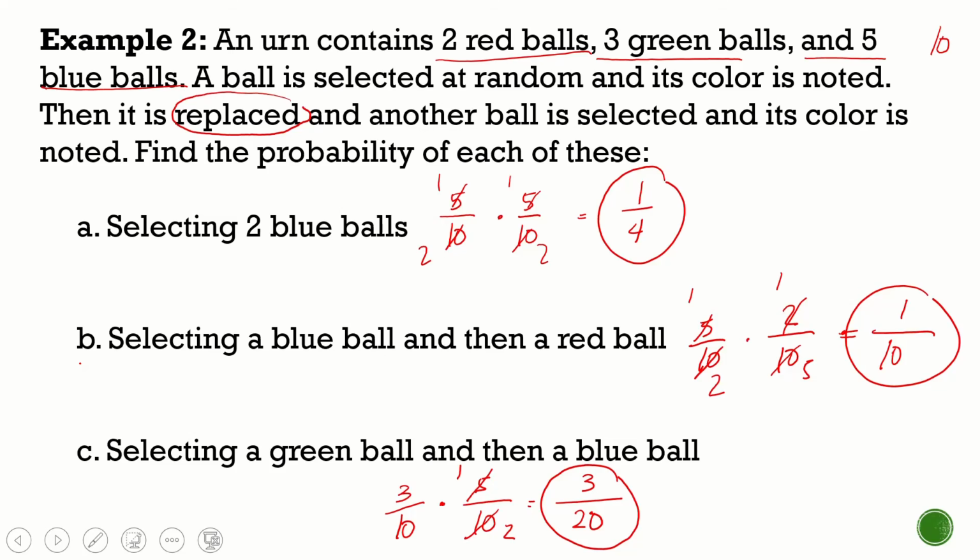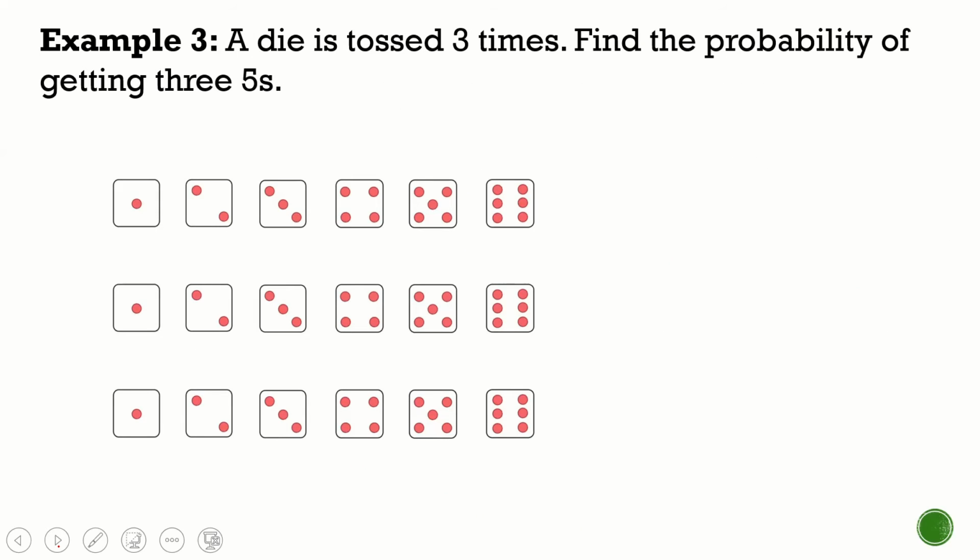All right, let me give you another example. So this time we have 3 events. Now a die is tossed 3 times. Find the probability of getting 3 5s. Okay, so on the first try, what's the probability of getting a 5? That's right, it's 1/6. On the second try, it's 1/6. On the third try, what's the probability of getting another 5?